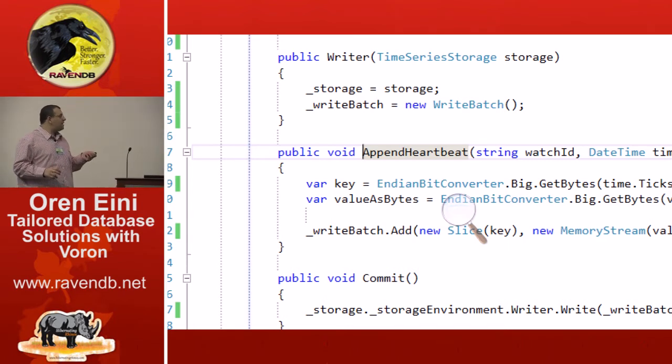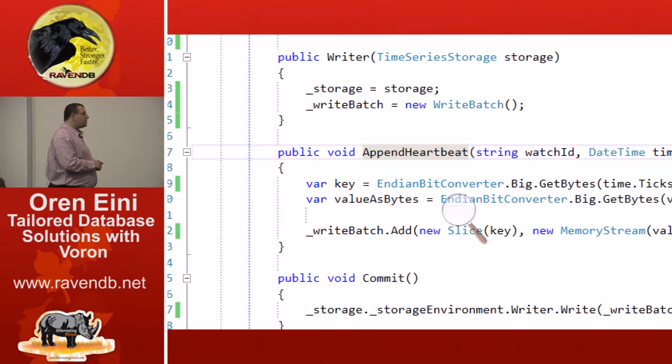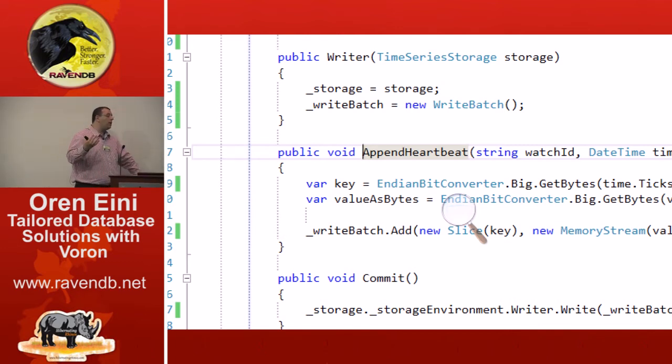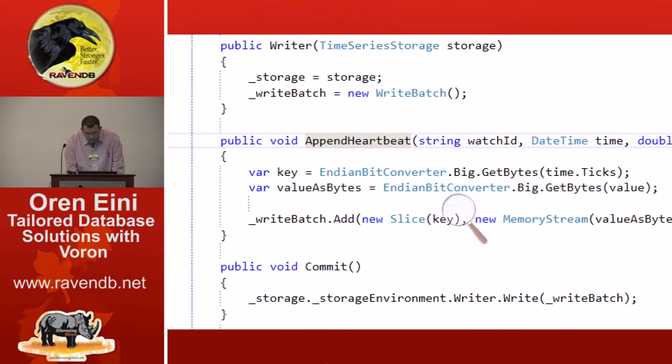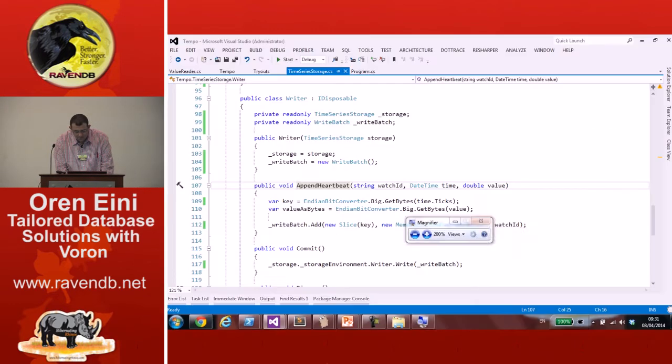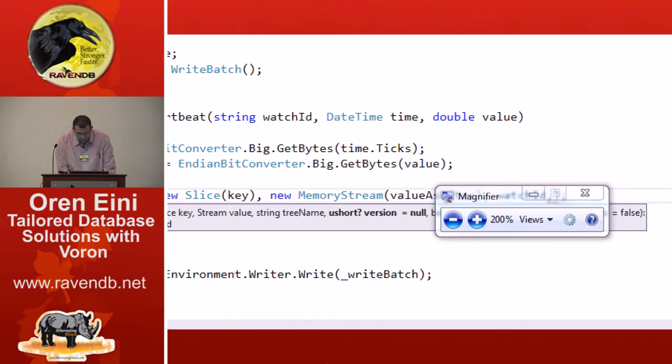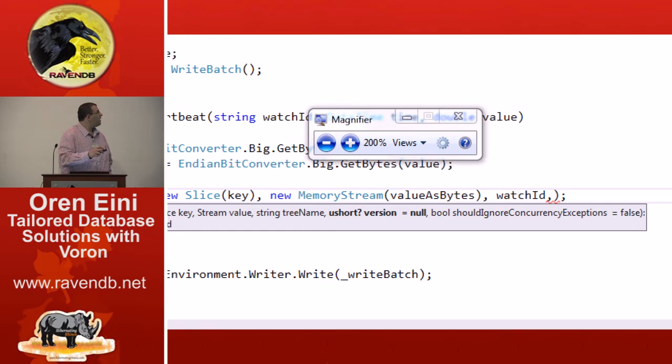When using a write batch, you're saying, I want this to be written to the database. But between the time you say this and the time you actually write, it is possible for some other thread to go in and modify that value for you. In order to handle that, we have a nice overload here that says, what should we do?